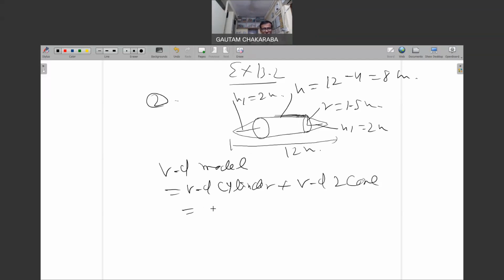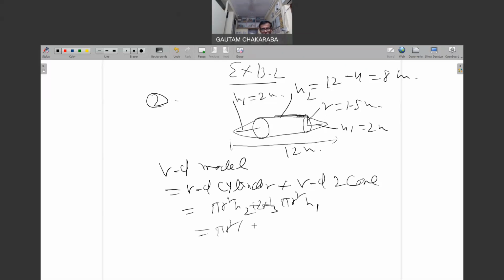Volume of cylinder is pi r square h and volume of cone is 1 by 3 pi r square h. But here I take h1 and h2, because both heights are different. Cone height I mention as h1, cylinder height as h2.